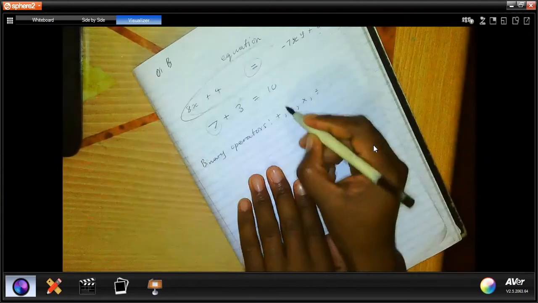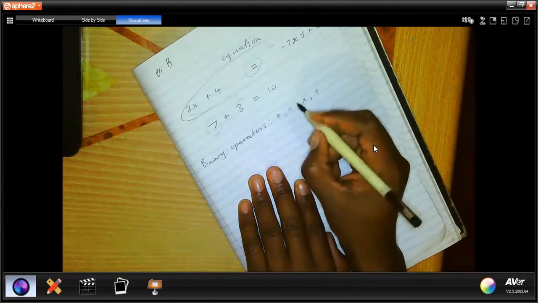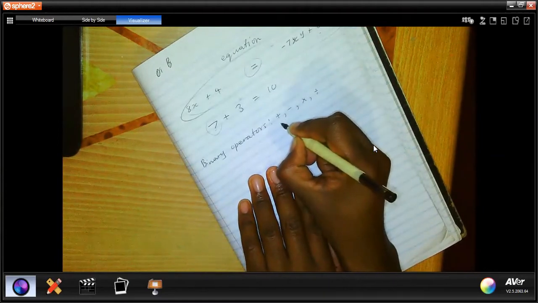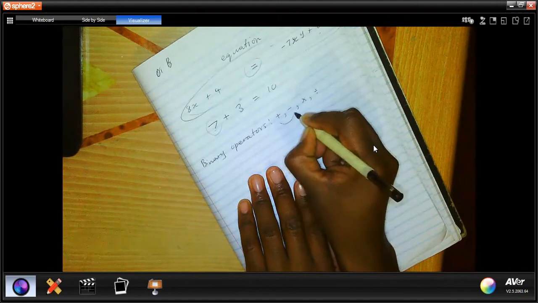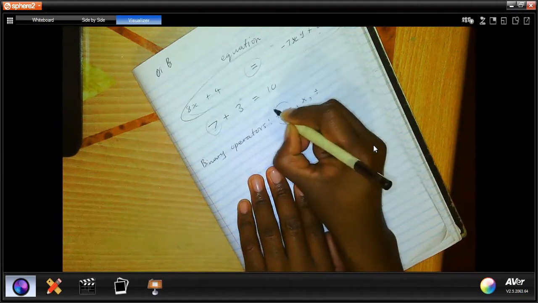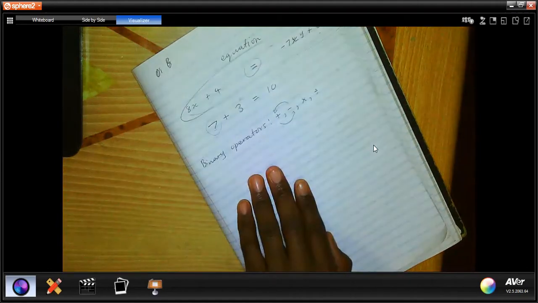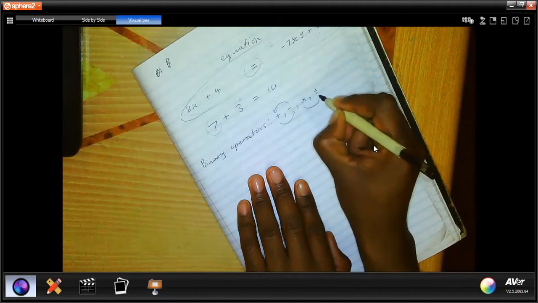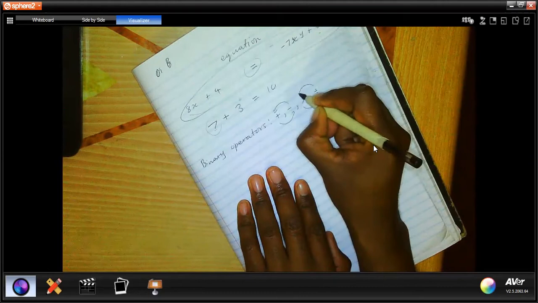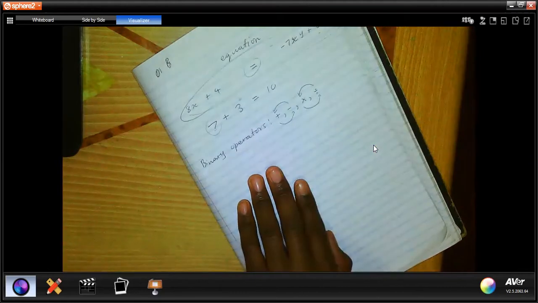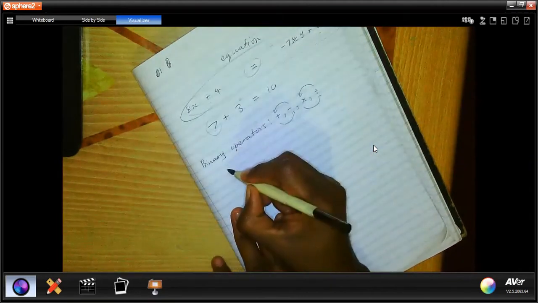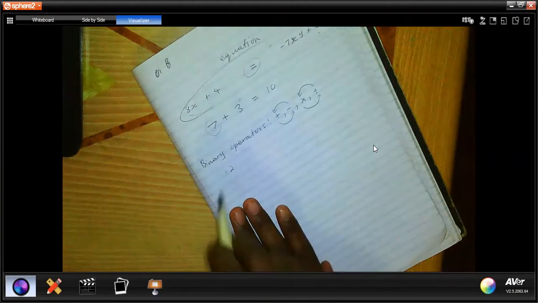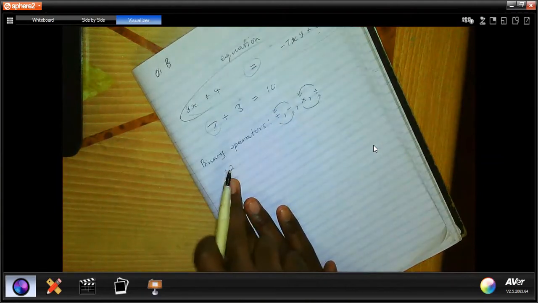Now what we have with these binary operators, they are arranged in such a way that the opposite of plus is minus and the opposite of minus is plus. Even here, the opposite of multiply is divide and the opposite of divide is multiply. What do I mean? If you have positive 2, how do you remove this 2?